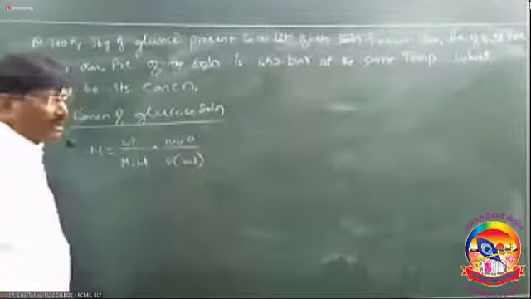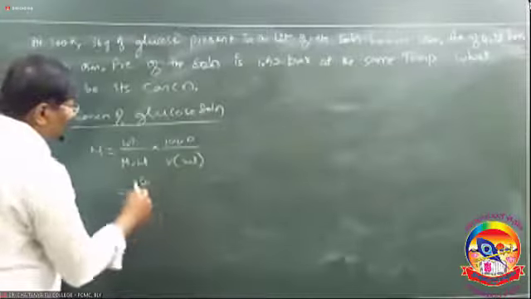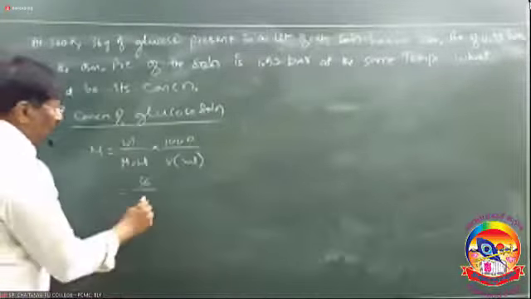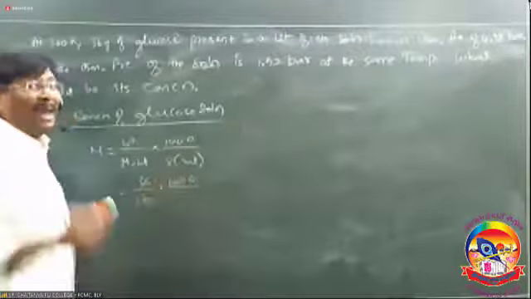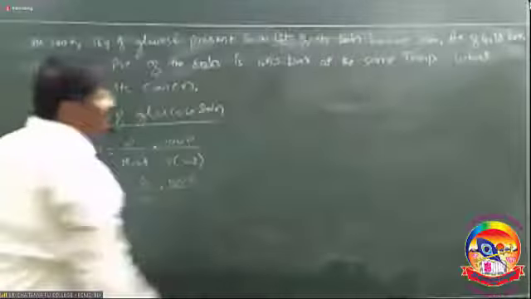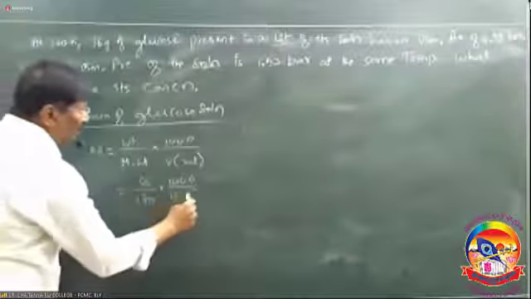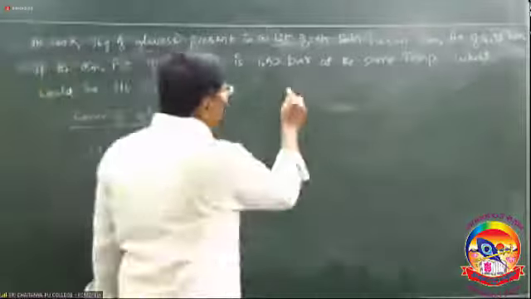The weight given is 36, divided by molecular weight of glucose 180, into 1000, then volume in ml. They have given 1 liter, therefore 1000 ml. So how much is this?